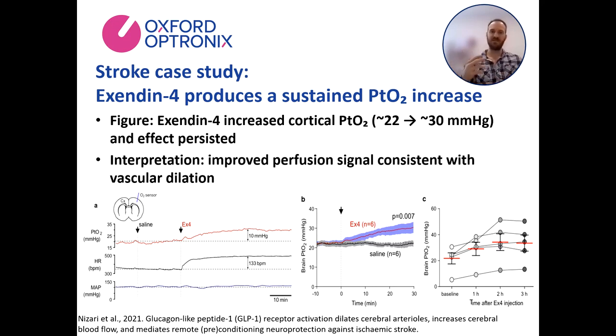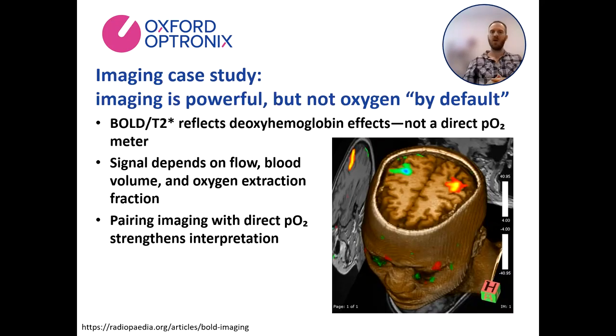Now, let's connect back to imaging, because a lot of imaging is oxygen sensitive, but still indirect. When researchers say oxygen in imaging, what they often mean is an oxygen sensitive signal, and that's not exactly the same thing as tissue PO₂.